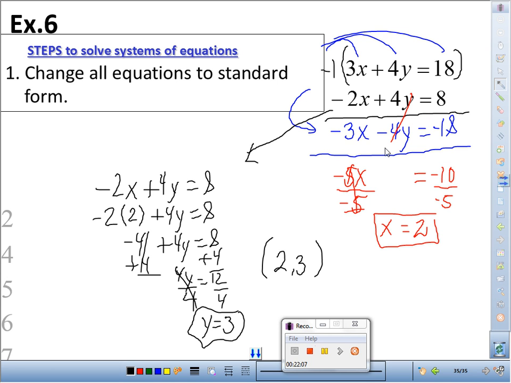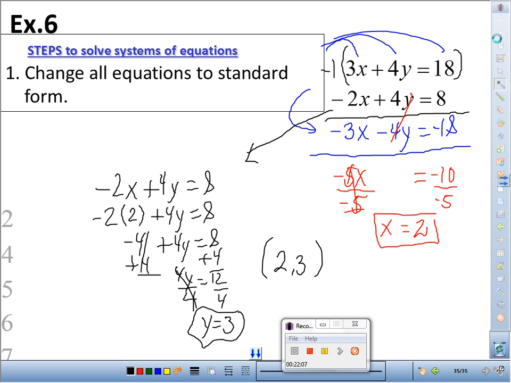All right, look up, please. So the question was, could we have multiplied the second equation times a negative? Yes, as long as one of the two became a negative, we would be able to eliminate. Are we there? Yes.